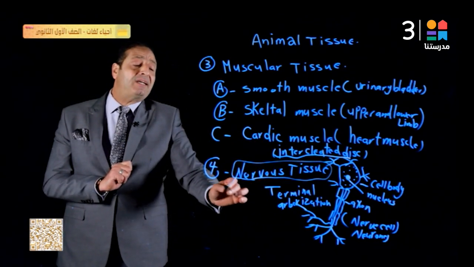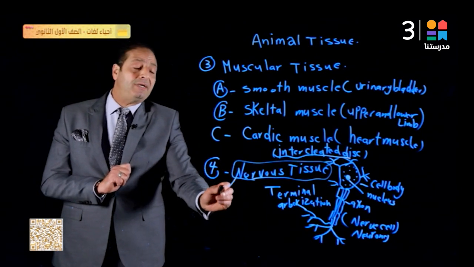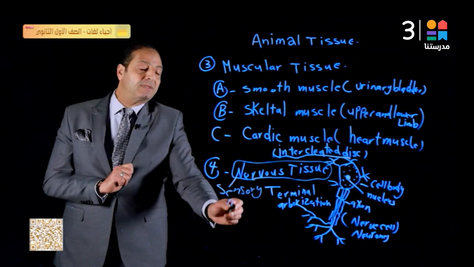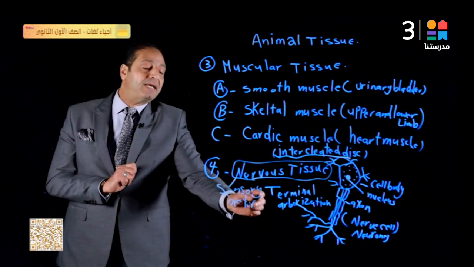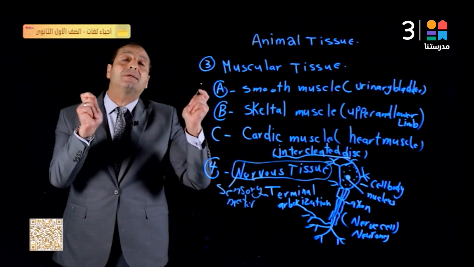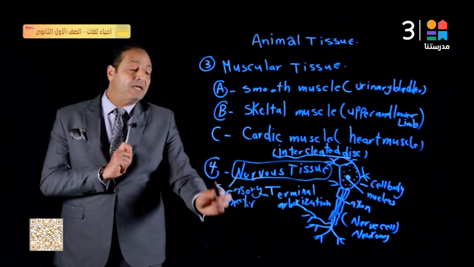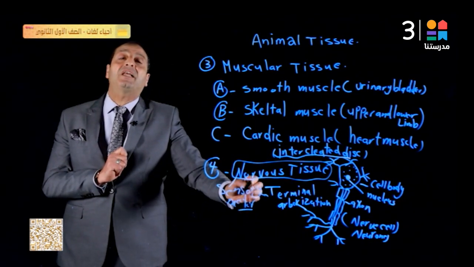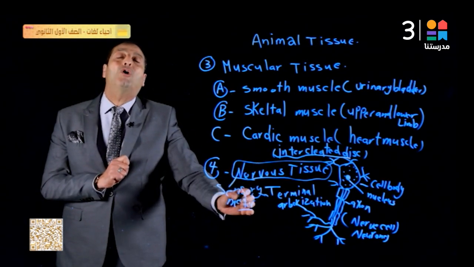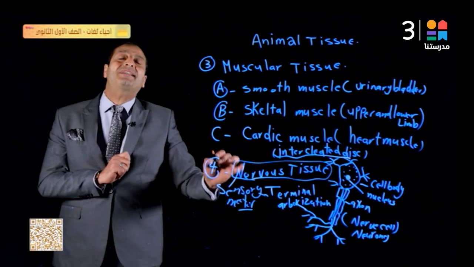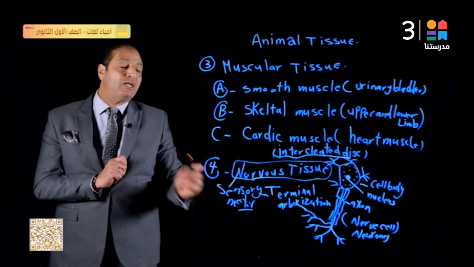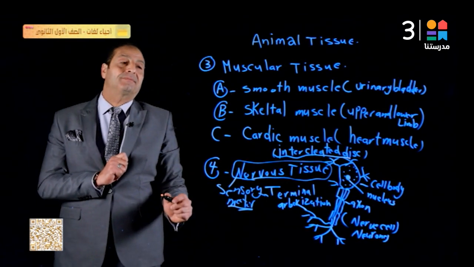There are three types of nerve tissue: sensory, motor. Sensory transmits nerve impulses from the sensory organs to the brain and the spinal cord. Motor transmits nerve impulses from the brain and the spinal cord to the effector organs. What is the meaning of effector organs? Muscles and glands are called effector organs.